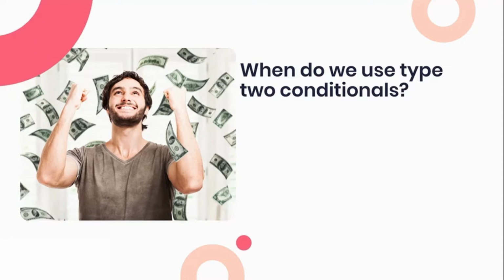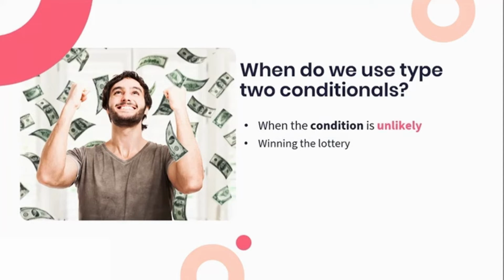So we use type 2 conditionals when the condition is unlikely. For example, winning the lottery. This is something that would make you very rich very quickly, and I'm sure you can imagine all the things you would do with that money. But is it likely that you'd win the lottery?